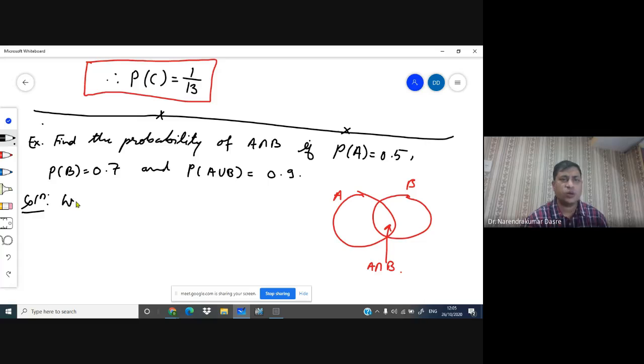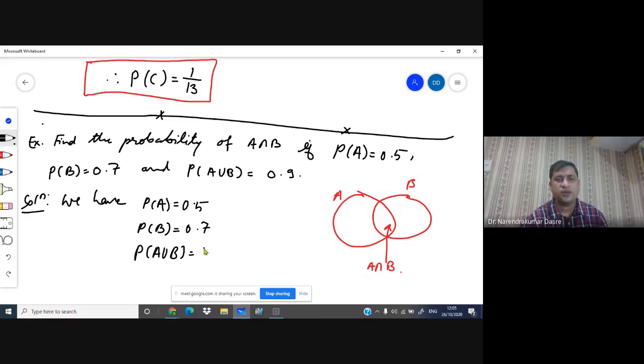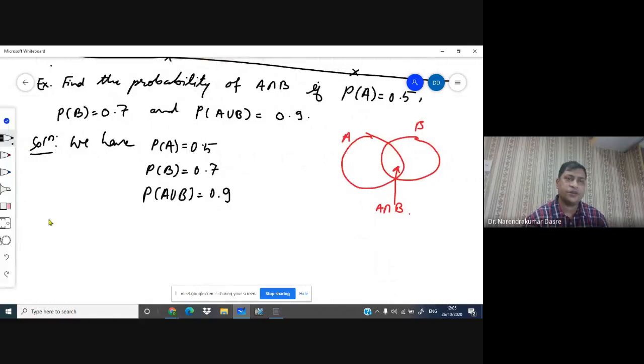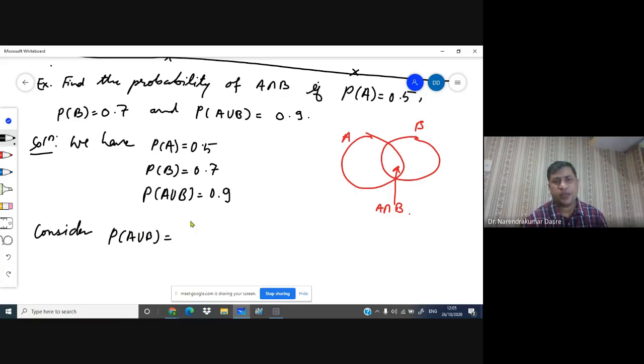What I know is probability of A union B is equal to probability of A plus probability of B minus probability of A intersection B.